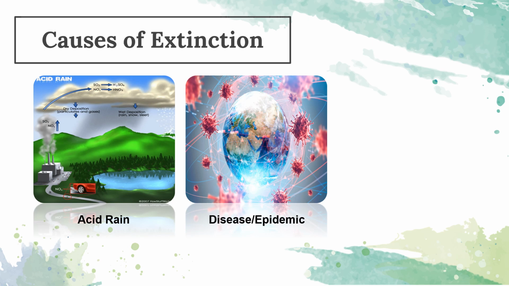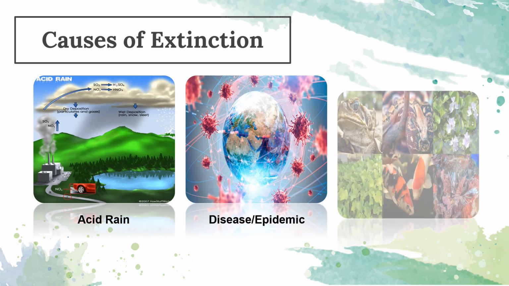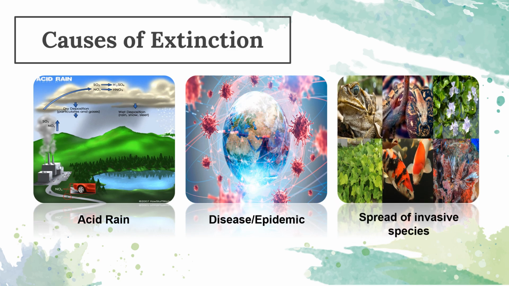They are becoming more susceptible to disease and epidemics, which can lead to their eventual extinction, just like what is happening right now. We are experiencing a pandemic known as COVID-19, and this particular epidemic can cause the death of humans.